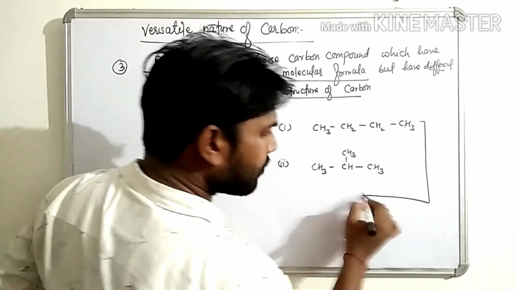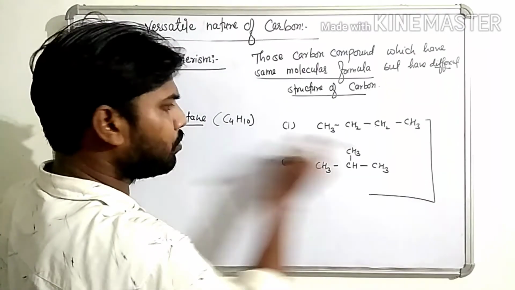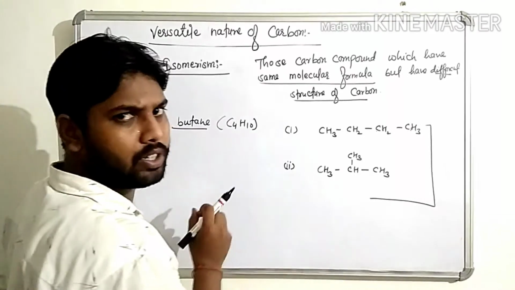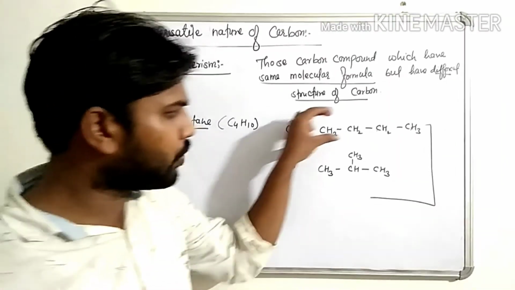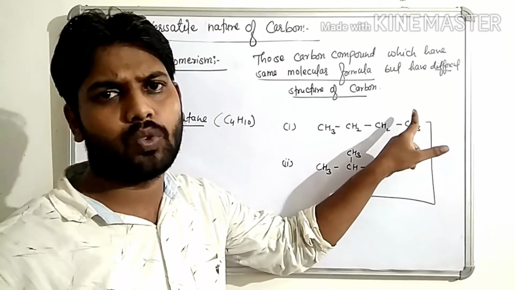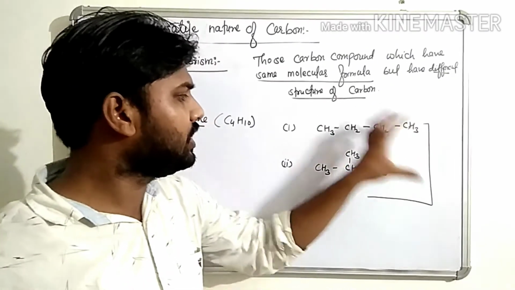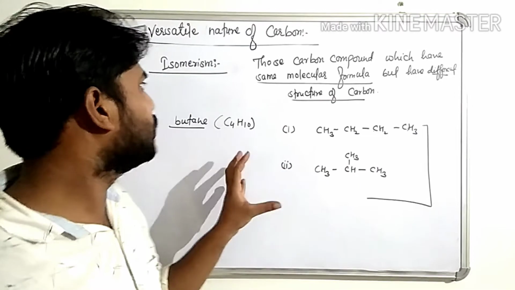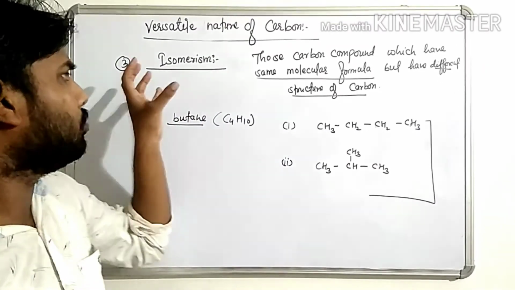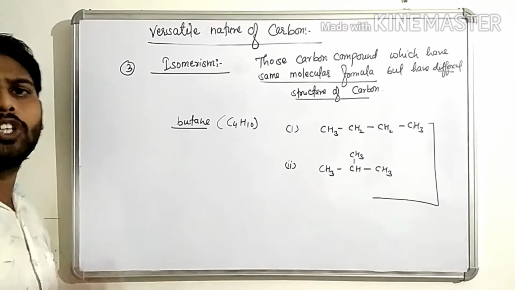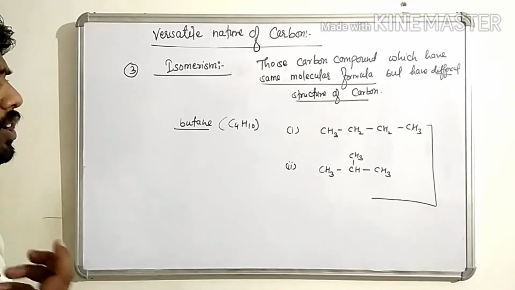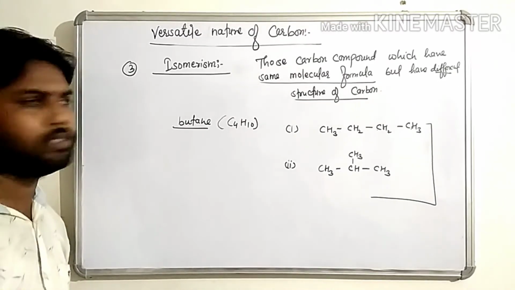Both have the same chemical formula, containing 4 carbon and 10 hydrogen, but they show a different structure of the carbon compound. So, children, this type of compound is known as isomerism. Clear? Isomerism is also responsible for the formation of a large number of carbon compounds.